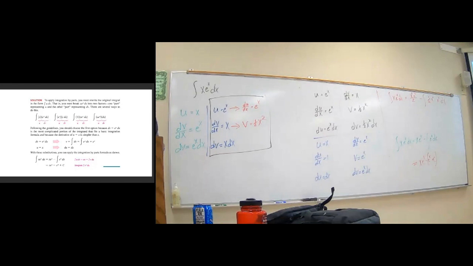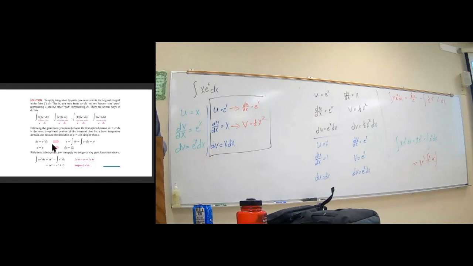Well, we just solved why this one didn't work, right? And we saw why this one does work. So they go ahead and say, cool, let's use dv equal to e to the x dx, which implies that v is going to be equal to e to the x. And let's let u be equal to x, then du is going to be dx. Because du is du dx times dx, right?